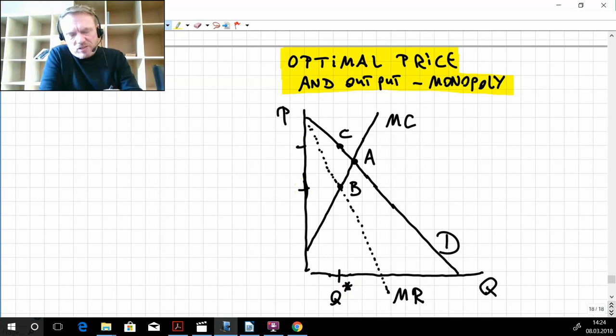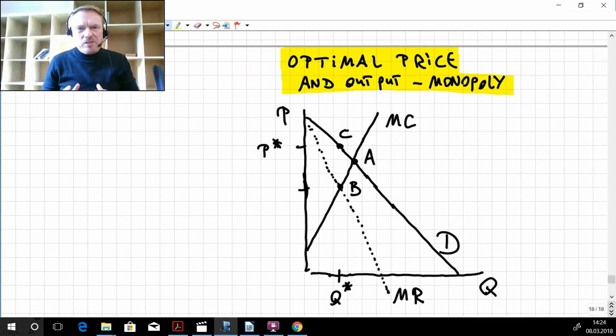You need to project the point of intersection of the marginal cost and the marginal revenue, which is B. You need to project this point up to the demand curve, the demand function, giving us point C, and then here, this is the optimal price, P star. The optimal price P star is located here.